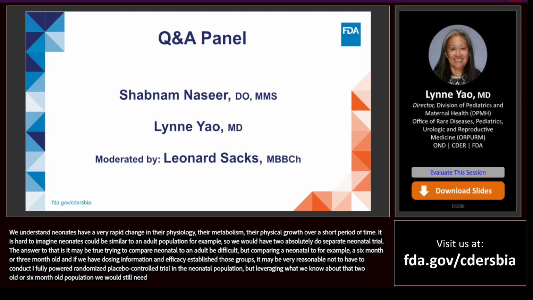So yes, we would likely need to have dosing information, and we would likely need to have safety information, but probably not necessarily in all cases separate neonatal randomized controlled trials.